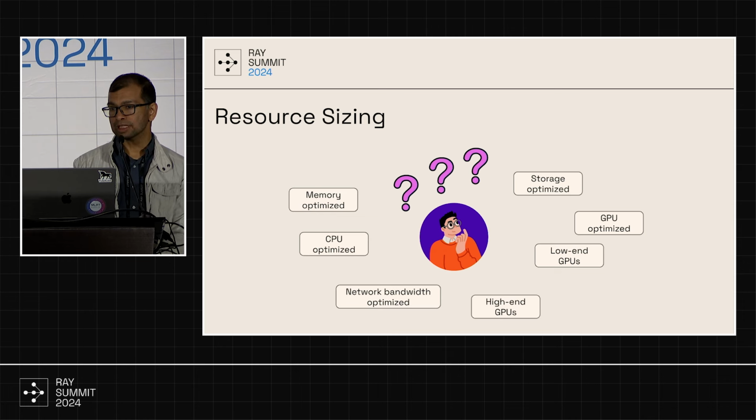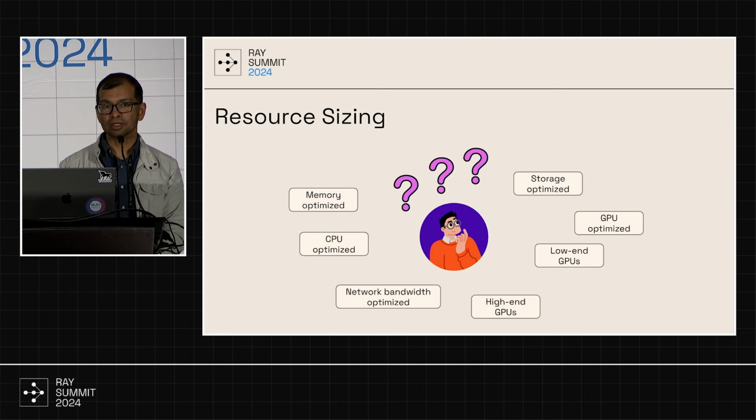A lot of choices that are too hard to specify for a human being while they're launching a fairly large workload or productionizing a model deployment.